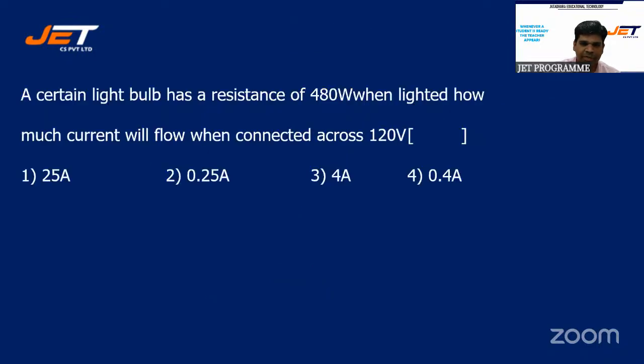Let us look at the first question, students. A certain light bulb has a resistance of 480 ohms. When lighted, how much current will flow when connected across 120 volts?